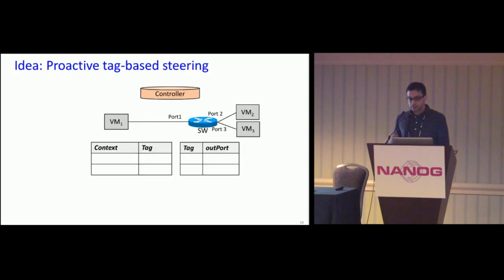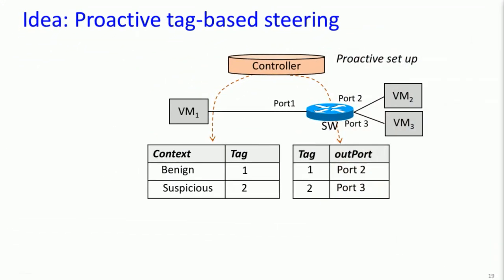Our solution is based on tag-based forwarding. So instead of per flow and reactive control, what we do is per VM and proactive. Going back to the same example, the control plane proactively installs forwarding rules in the data plane. What I'm showing here is that we have, again, two classes of traffic, but this time VM1 has been instructed to tag traffic in a certain way. If it is benign, the tag value is 1. If it is suspicious, the tag value is 2.